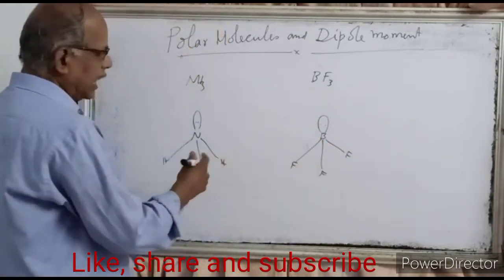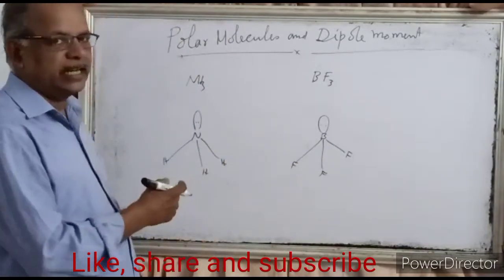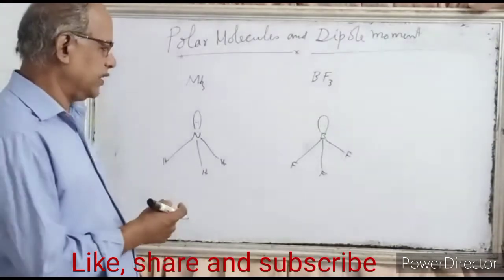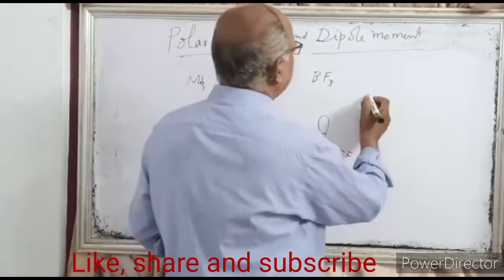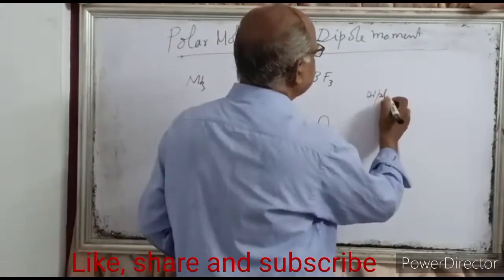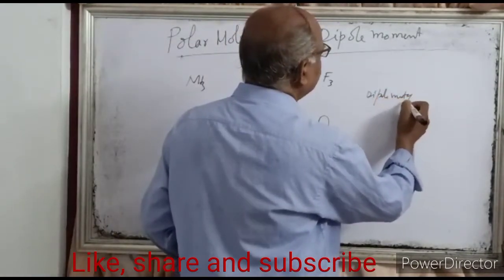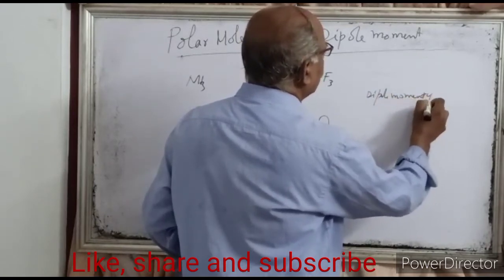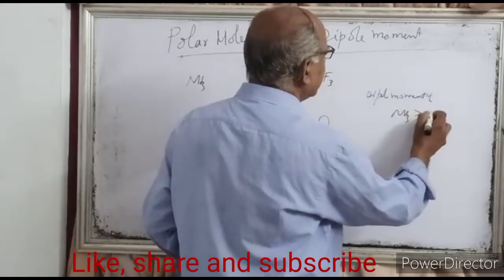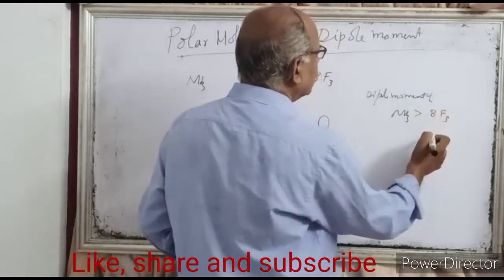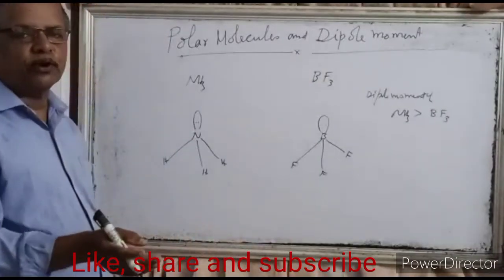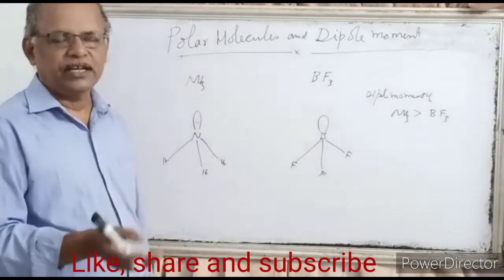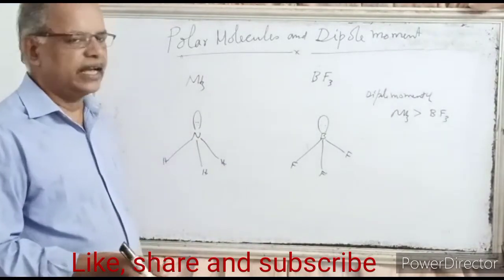In BF3, there is no lone pair. The dipole moment of NH3 is higher than that of BF3. But you know that fluorine is the most electronegative element. Even then, ammonia has the higher dipole moment.